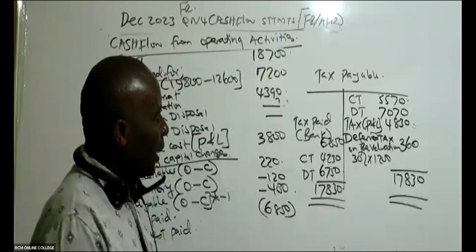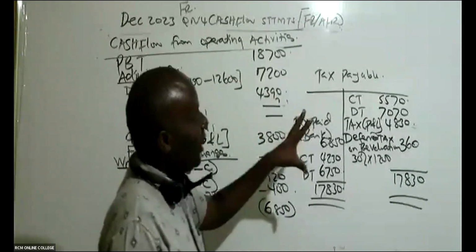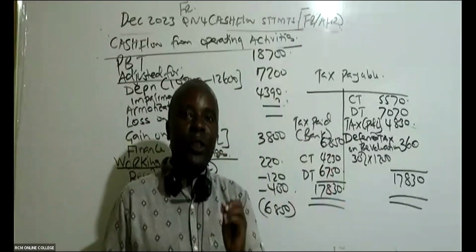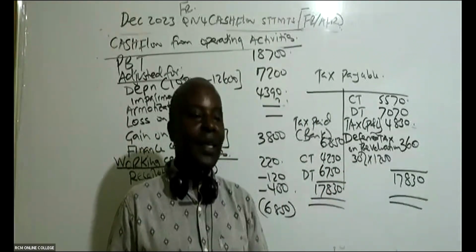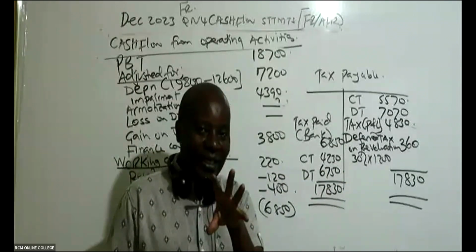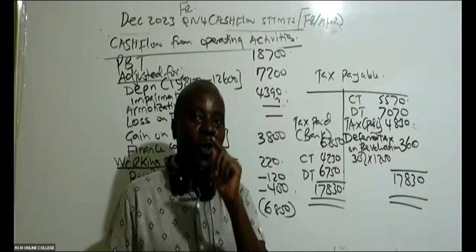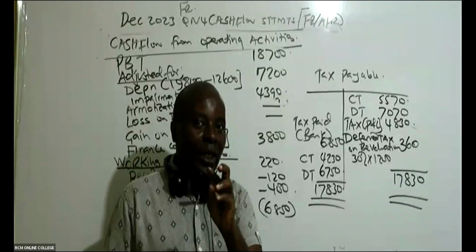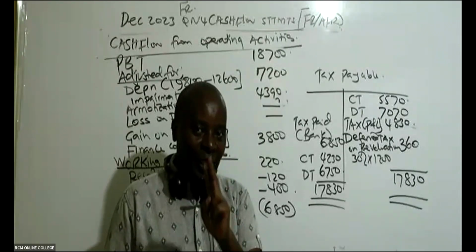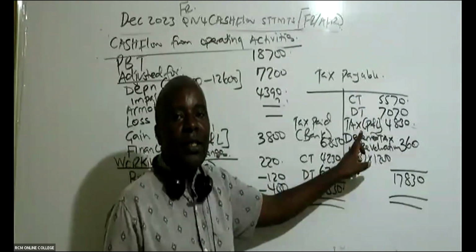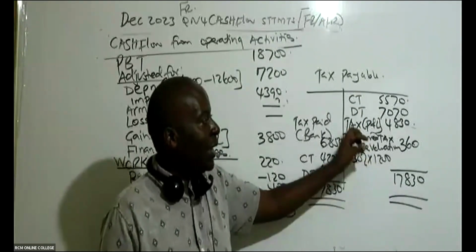Guys, have you been able to understand what I know from the number of years I've marked and taught KASNEB exams, ladies and gentlemen? Very few students are able to combine the two accounts. Whenever it comes to tax payable, you shall be combining current tax and deferred tax. When they combine them, they forget two key things. First, to increase the tax liability with the current year's tax, so you go to the P&L and pick that.